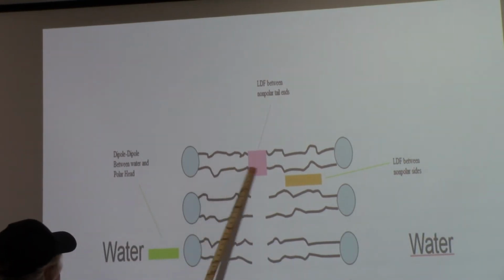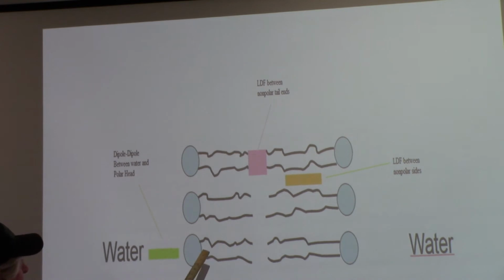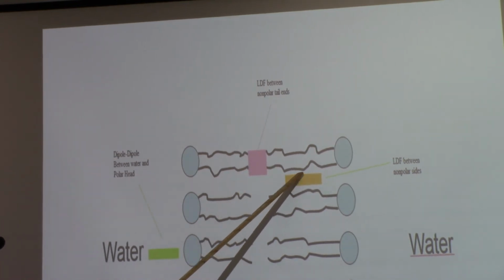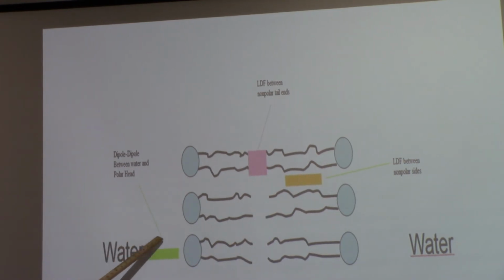So these two tails here will interact with these two tails here, end to end, but they'll also form side to side interactions. The other thing is that these heads here will interact with water. So these phospholipids will form bilayers.